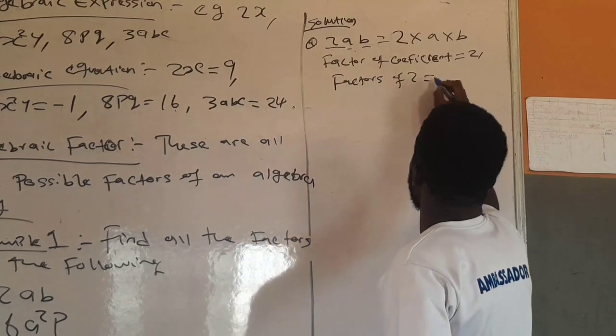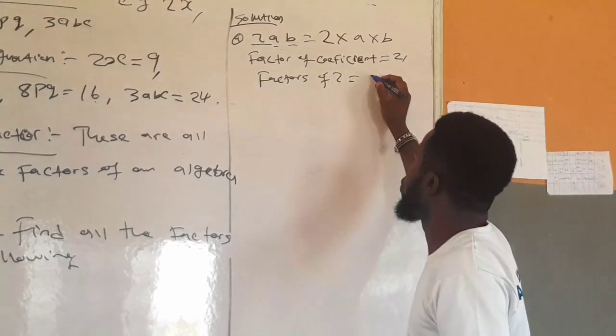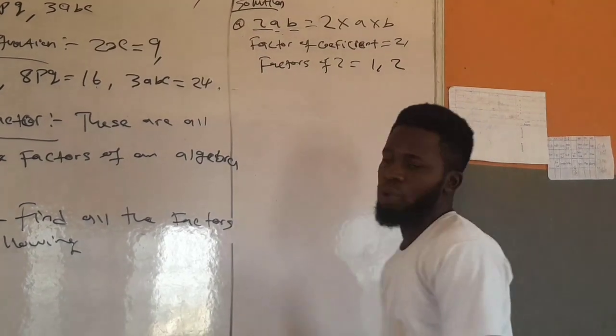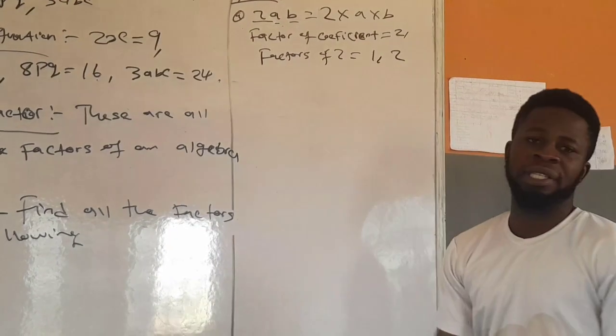So I now find factors of 2. What are the numbers that can divide 2? You notice that just 1 and 2. That is, 1 can go in 2 and 2 can go in itself.